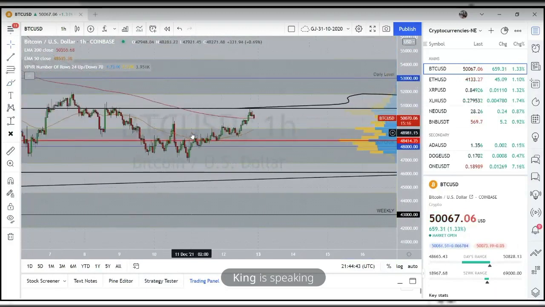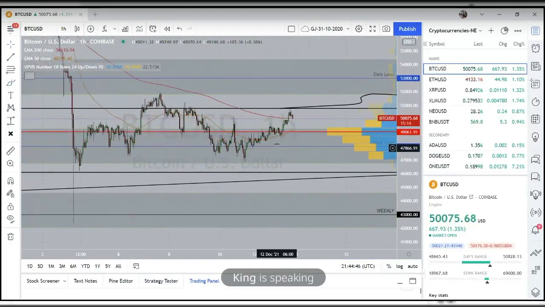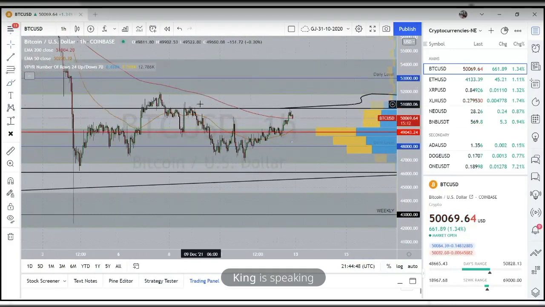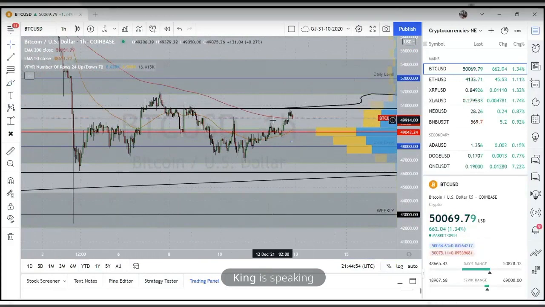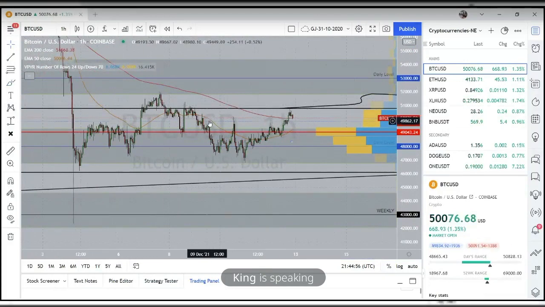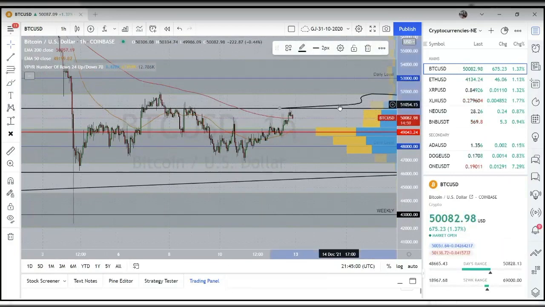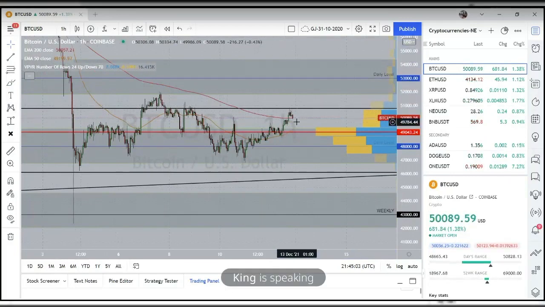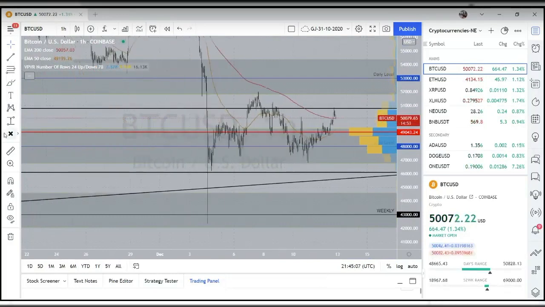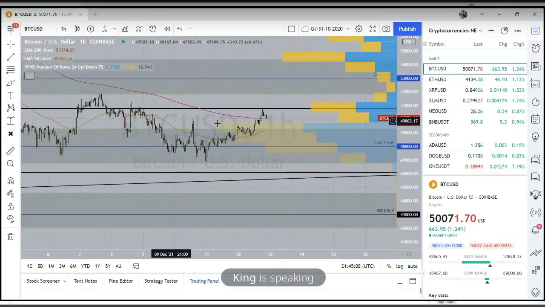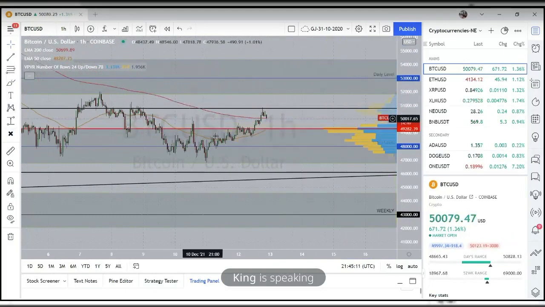It's potentially what I'm playing is a move back up to these highs, essentially, off the back of this potential golden cross. But obviously we have the daily capping price, we have this level capping price, and this is basically the midpoint of 48, or it should be a bit higher really.